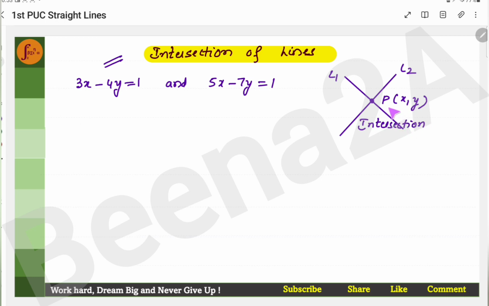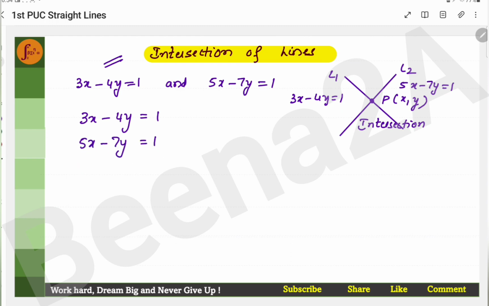And how do you find the intersection point if the line equations are given, for this and for this? You'll have to use the equation method of finding the point of intersection. So first get both the equations together.